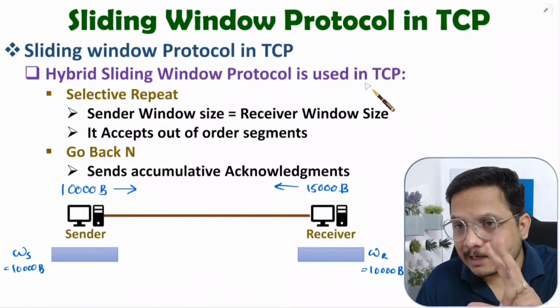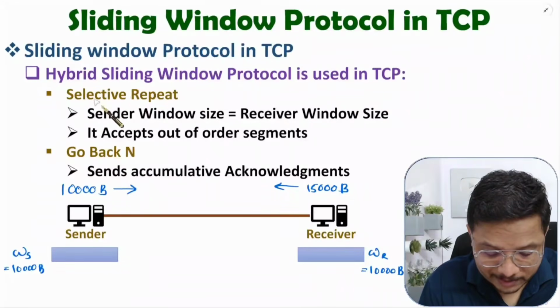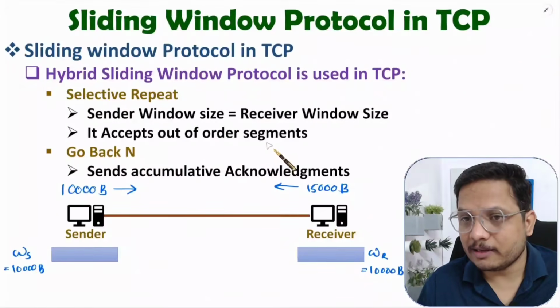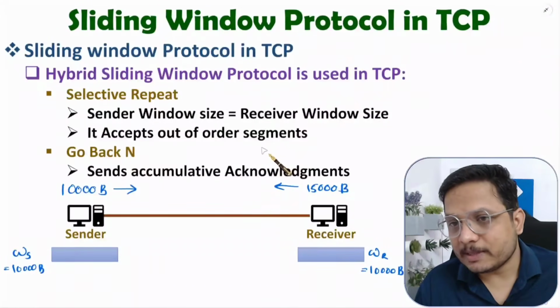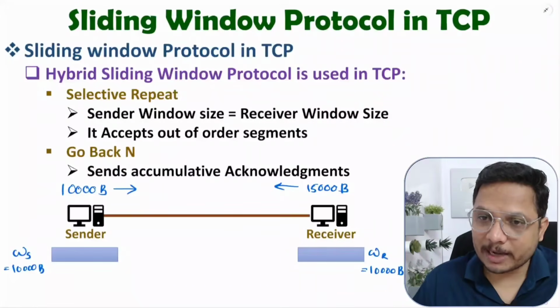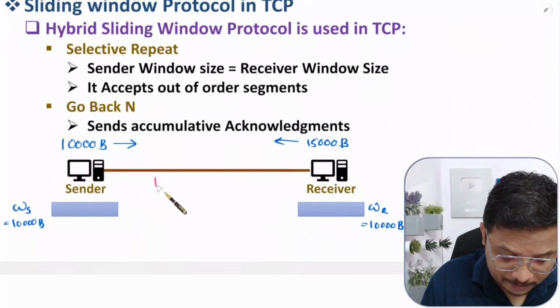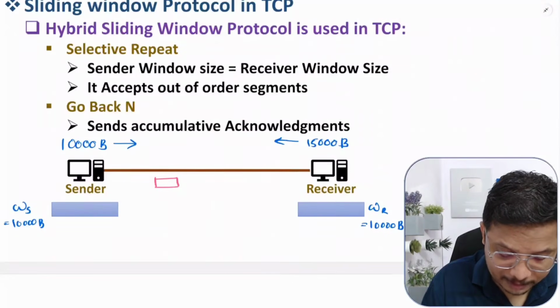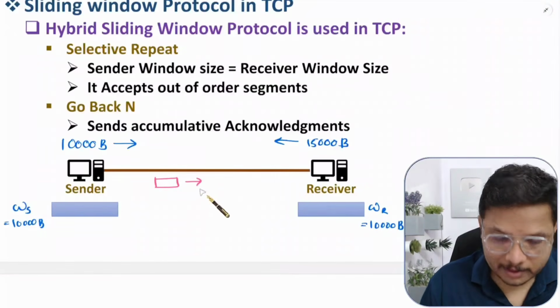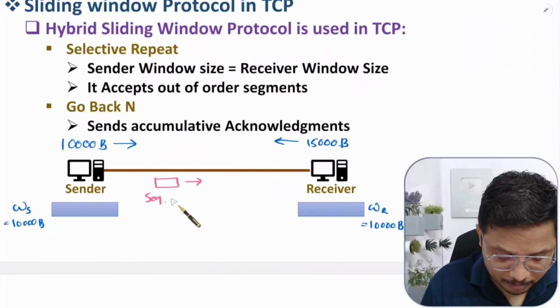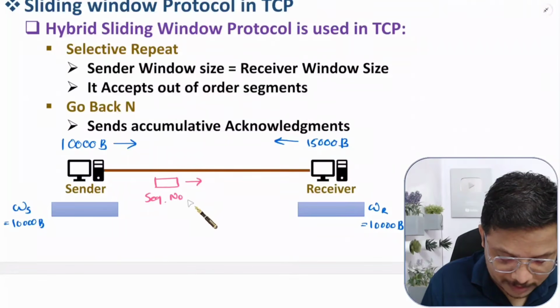Now the second interesting feature of selective repeat is that it accepts out of order segments. What does out of order segment mean? Let me explain with a practical example. Let us say one segment is forwarded by the sender to the receiver, and the sequence number of this segment is 1000.